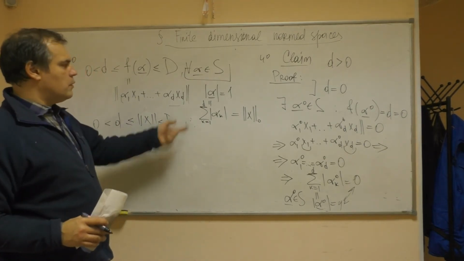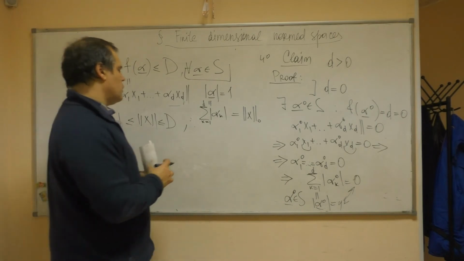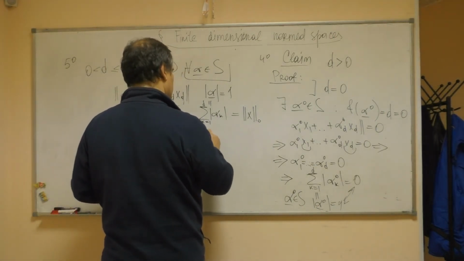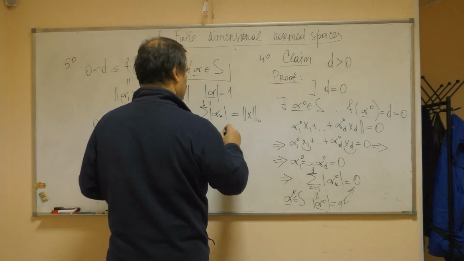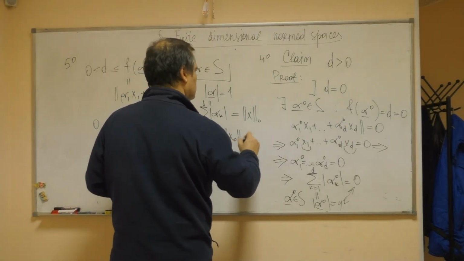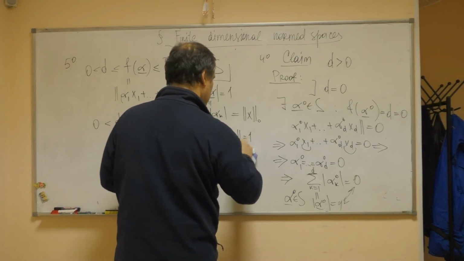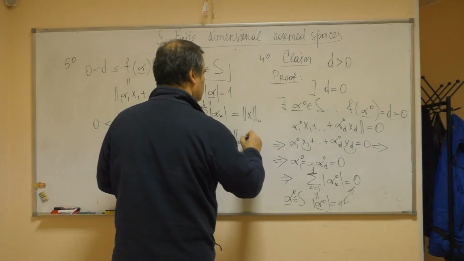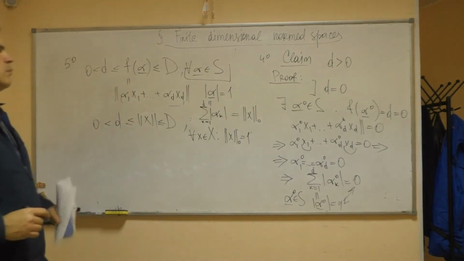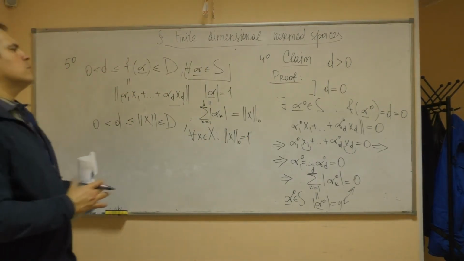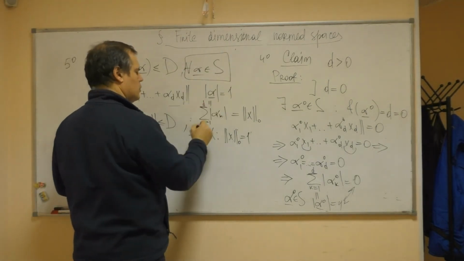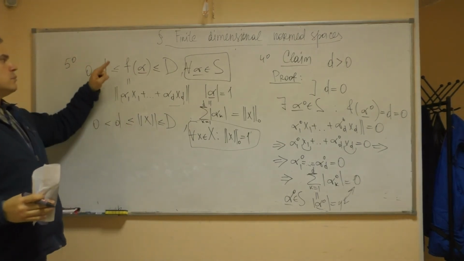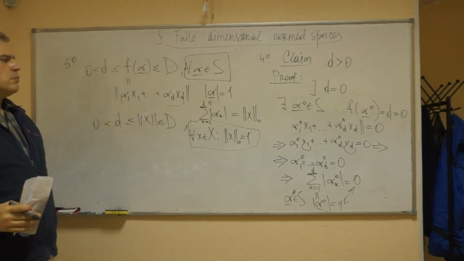So the right part of this formula can be formulated like this: for each x from X, such that zero norm of this element is 1. So this and this are equivalent as this line and this one.